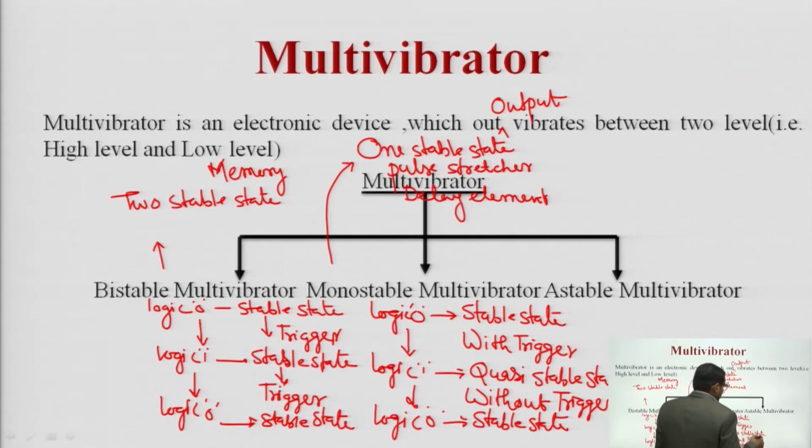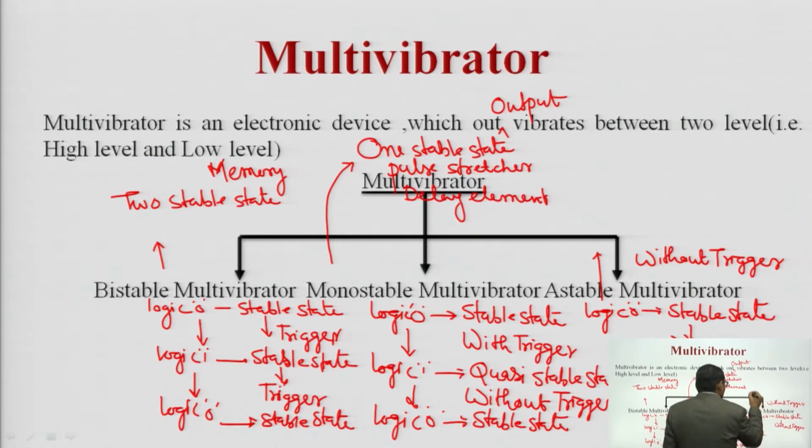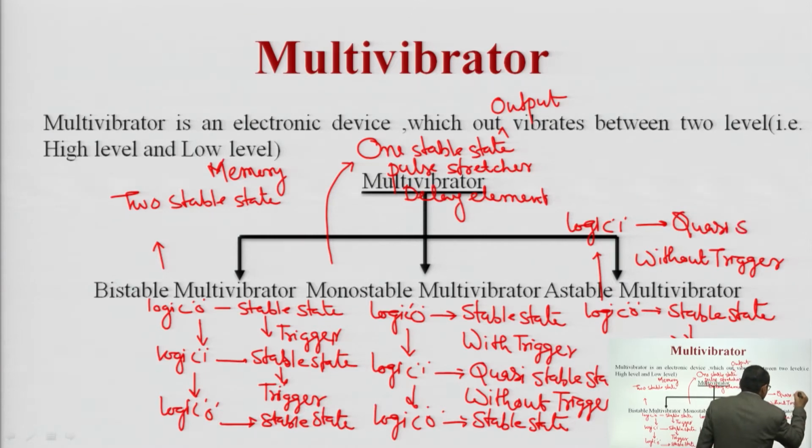For the astable multivibrator, as before, we consider logic 0 as a stable state, and without input or without trigger, it jumps to logic 1, which is a quasi-stable state.